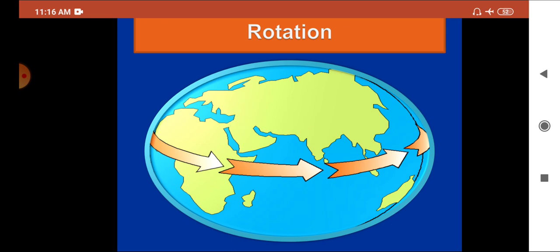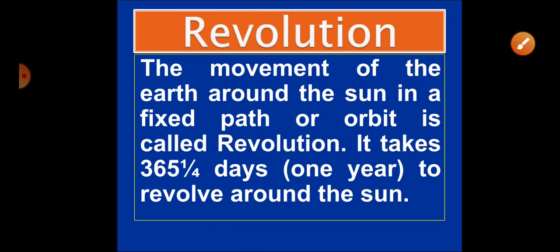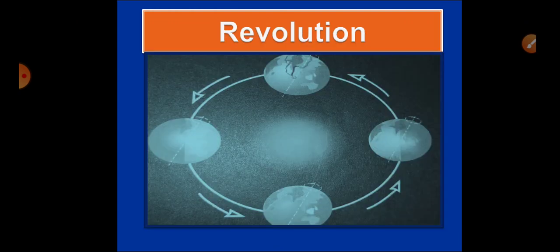Coming to the next slide, we have revolution of the earth. This is totally different from rotation, because rotation is at one place only. In rotation, any object or this earth is not changing its position, it remains on its axis.